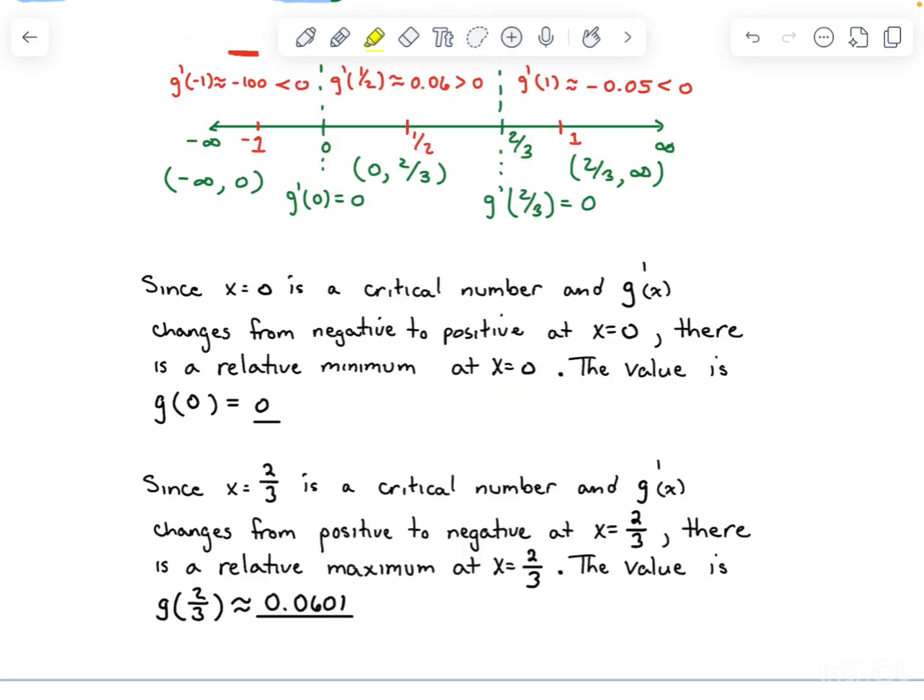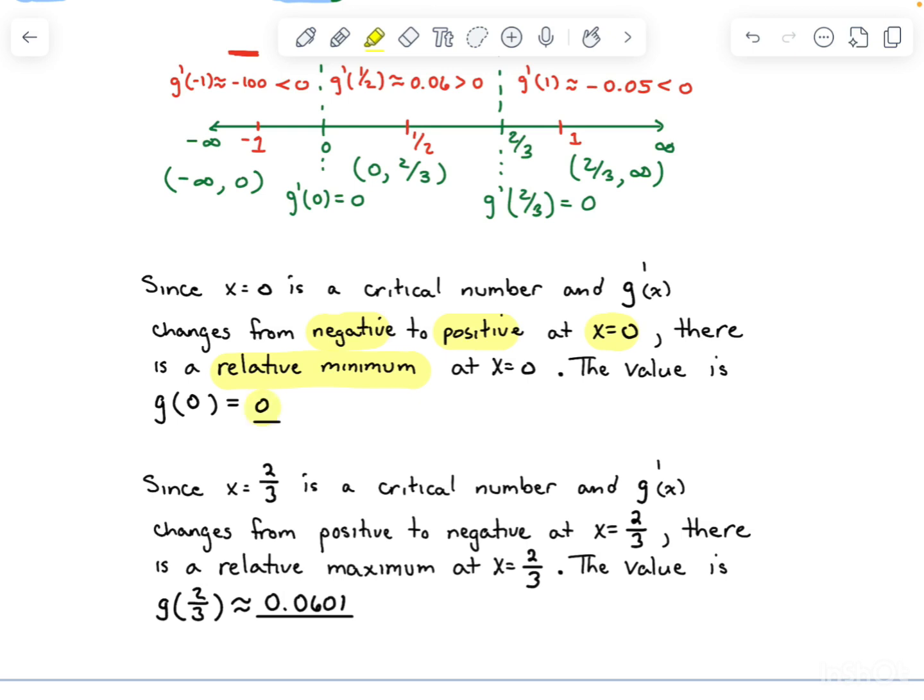And I will start with the relative minimum. Since x is equal to 0 is a critical number, and the derivative changes from negative to positive at x is equal to 0, there is a relative minimum at x is equal to 0. The value is 0.